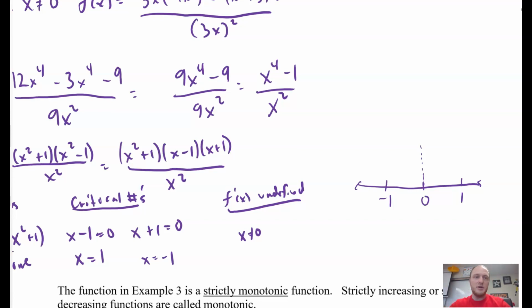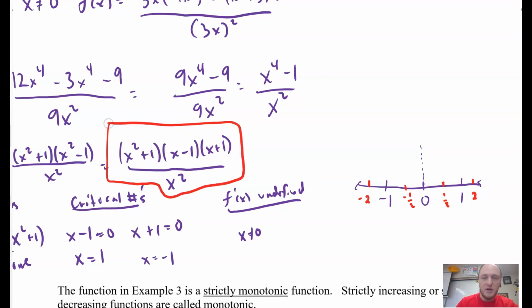Now I'm going to plug in values, numbers such as negative 2, maybe negative 1/2, positive 1/2, and maybe 2. I just want to know what the sign is. So I look at my simplified form of f prime of x and plug in these values.